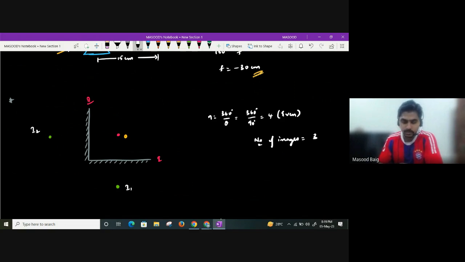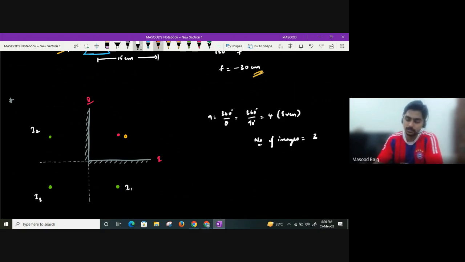The first image will behave as an object for the second mirror, and in the same manner the second image will behave as an object for the first mirror. So where will its image be found? Its image will be found here. In the same manner, this is also behaving as an object for this mirror, and the image will be found here. So the images formed by I1 and I2 will coincide. They will give us only one image.